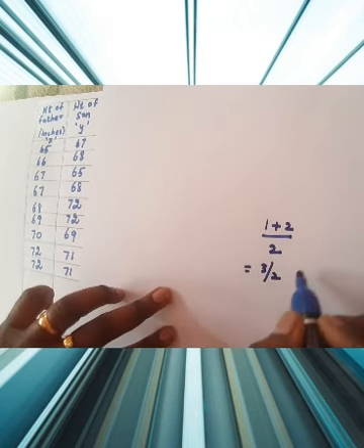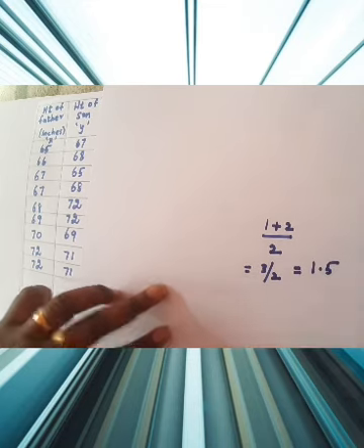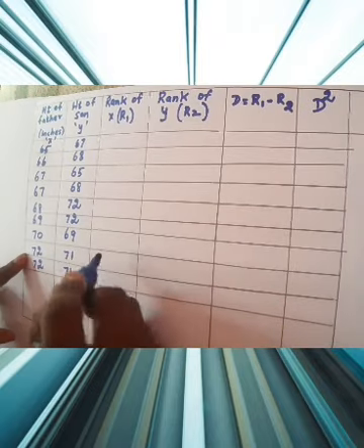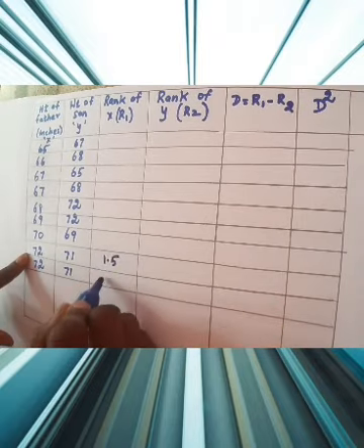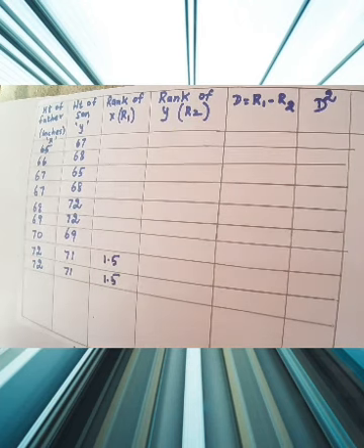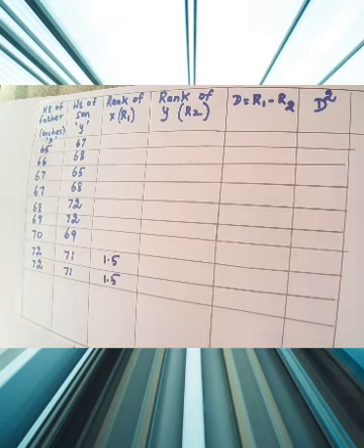So 3 by 2, which is equal to 1.5. Correct? So I'm going to give 1.5 each for the person who is having 72 inches.